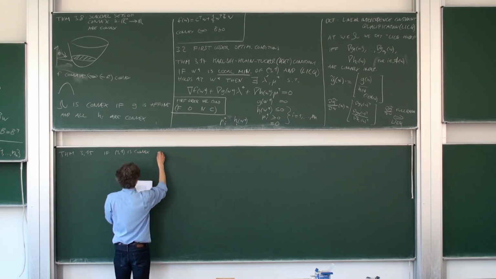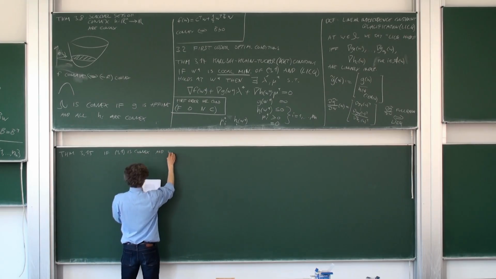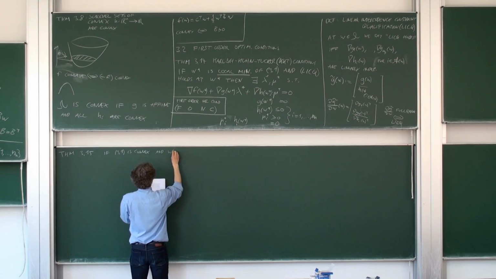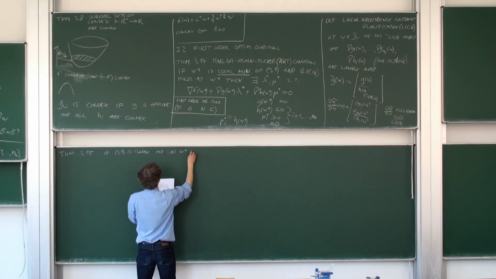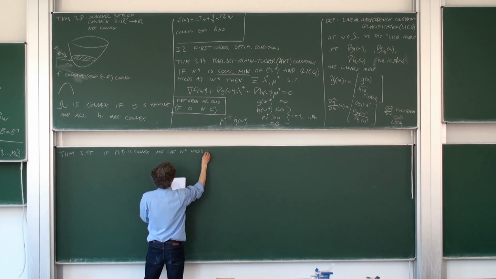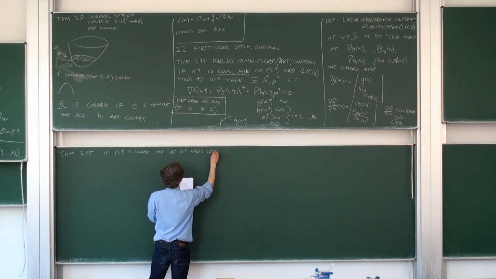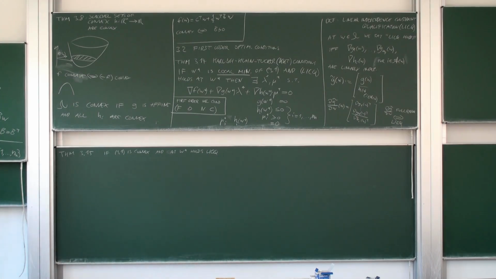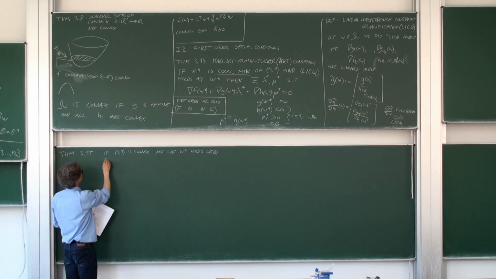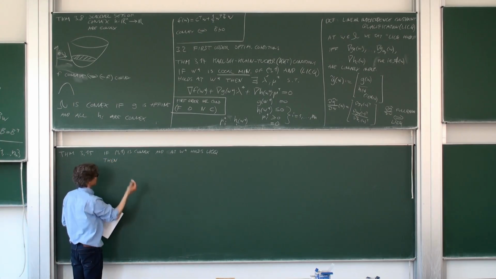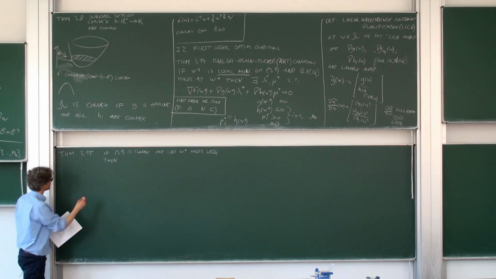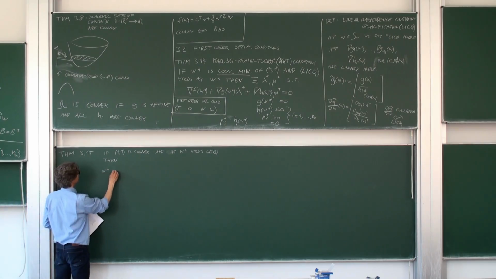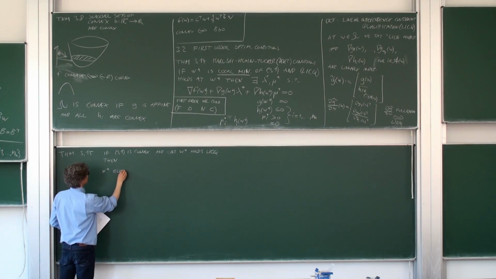And at W star holds LICQ. That's of course a technical restriction which is a bit nasty. There could be other constraint qualifications. Then there is an identity or a full equivalence between W star being a global minimizer and the KKT conditions.